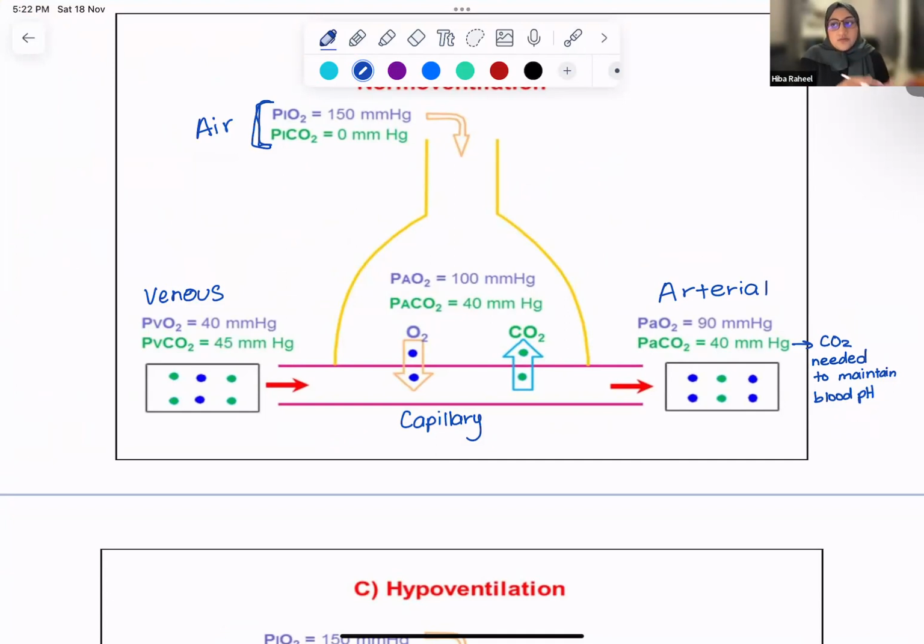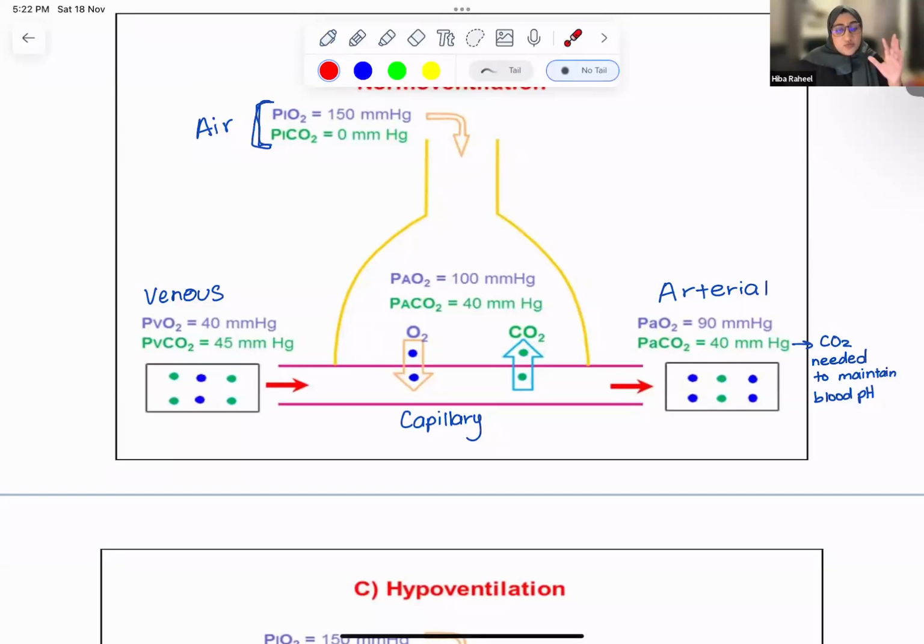No carbonic acid means no acid-base reaction occurs. The blood becomes too basic. We want the blood to be at an optimum range between 7.35 and 7.45, and for that reason, we leave some of the carbon dioxide in the blood. It's not something that you need to memorize, but you need to understand why the arterial blood has a little bit of carbon dioxide.